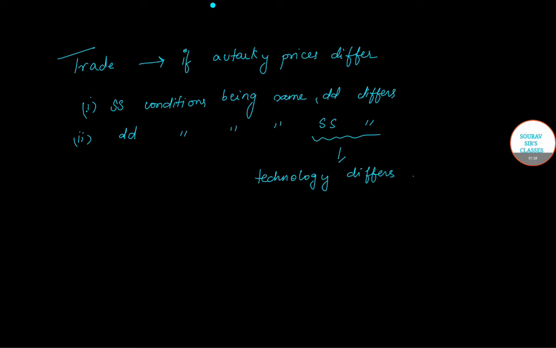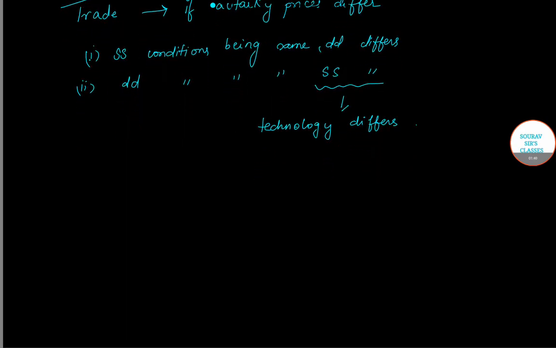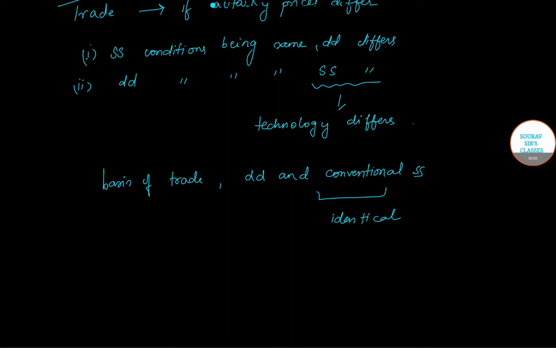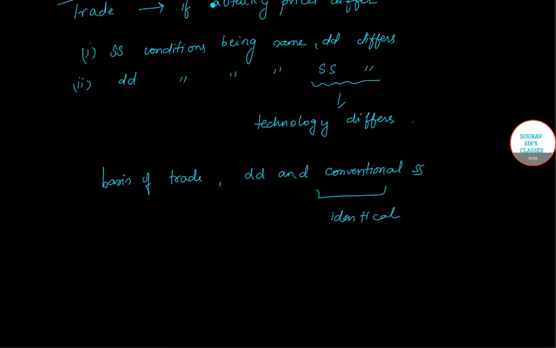Now, environment may be posited as the basis of trade when demand and conventional supply curve are given to be identical. Now, we will make some assumptions.